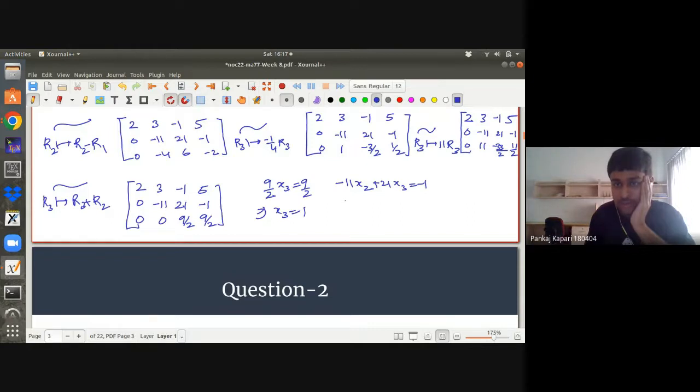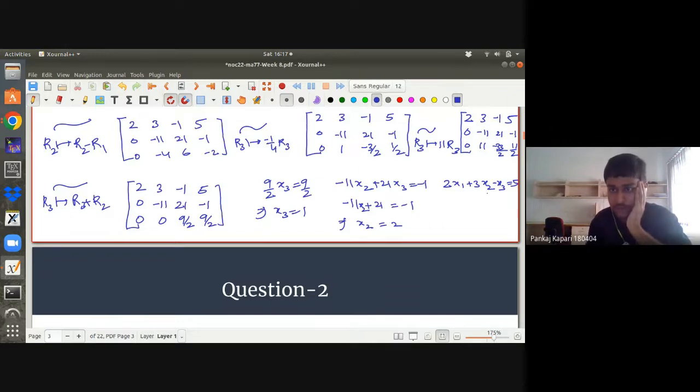That will help us to find the value of x2. Just put the value of x3, which is 1. So this is -11 plus 21. So 11x2 is -1, hmm, that will imply that x2 is 2, right? And now we have the last equation, which is just 2x1 plus 3x2 minus x3 is equal to 5.